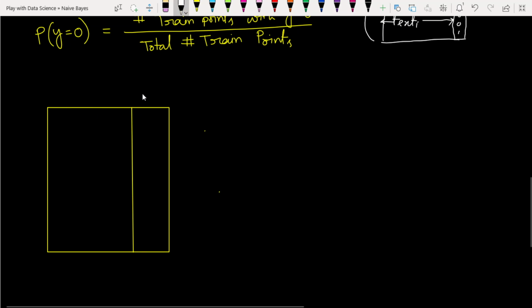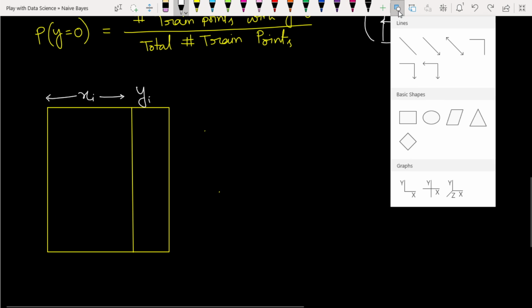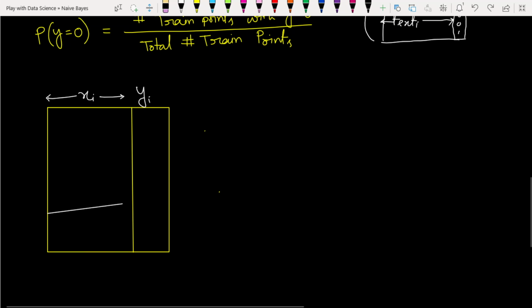This is our yi, and all these things are our features vector, xi. We have divided the data points into sections in this manner. In the upper portion we have taken only positive reviews, and in the lower portion of this data set we have taken only negative reviews.